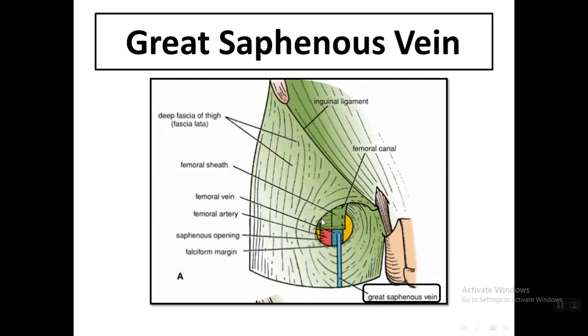This is the saphenous opening, an opening in the deep fascia. The great saphenous vein will drain into the femoral vein at the lower end of this opening.